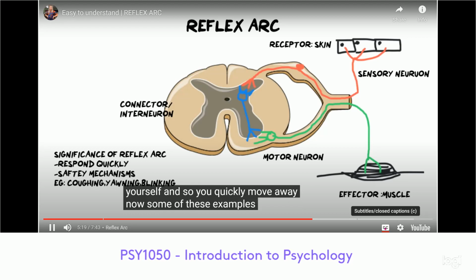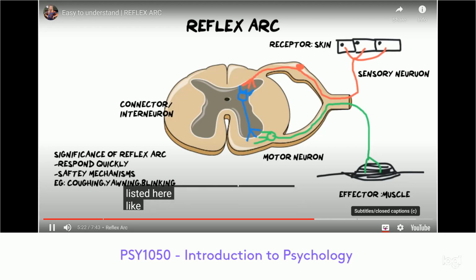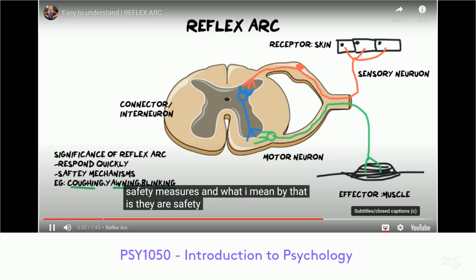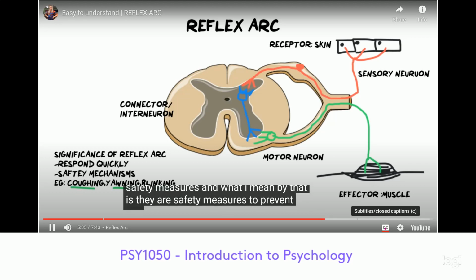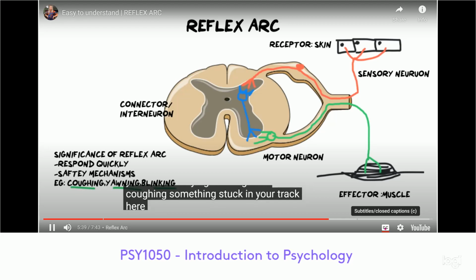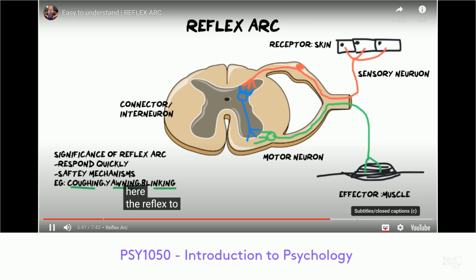Now, some of these examples that I've listed here, like coughing, yawning, and blinking, are not just the regular coughing and yawning and blinking. These are all safety measures. What I mean by that is they are safety measures to prevent you from dying. So with coughing, if something is stuck in your trachea, the reflex to get that out is coughing.